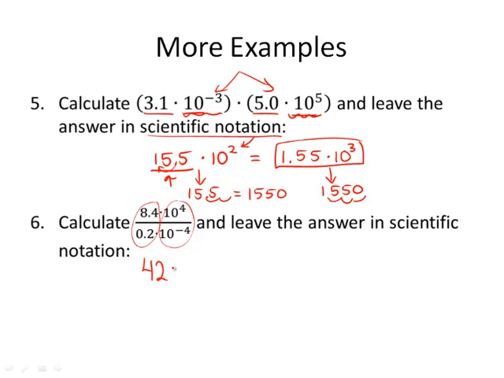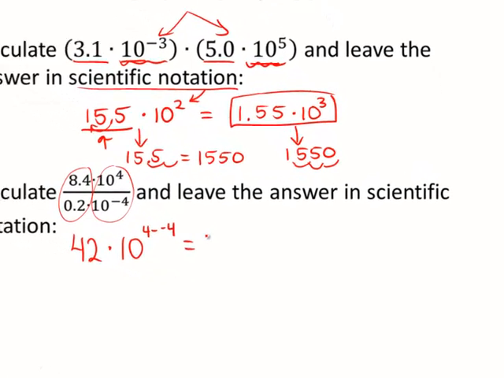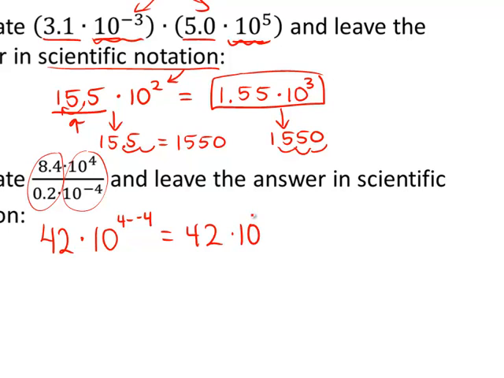And it's still multiplication times 10 to the, and remember, when we're dividing powers, we want to subtract the exponents, giving us 4 minus negative 4, which is 8. So 42 times 10 to the 8th power. This is not quite in proper scientific notation form yet, so we need to make it a 4.2. So you need to compensate. Because we need to have it go back one, we have to compensate so that it goes forward one extra.